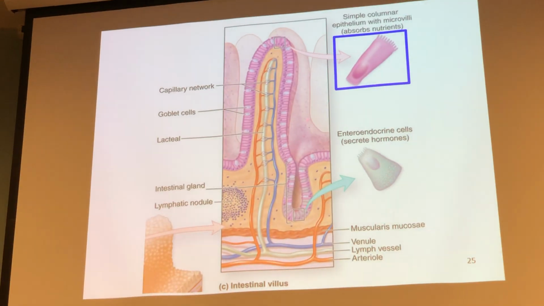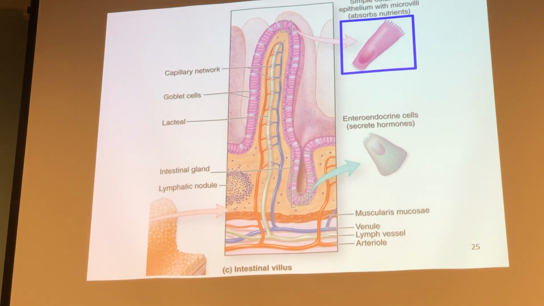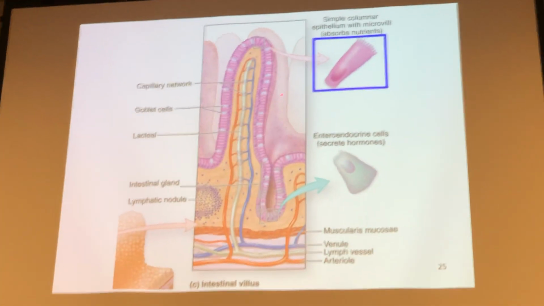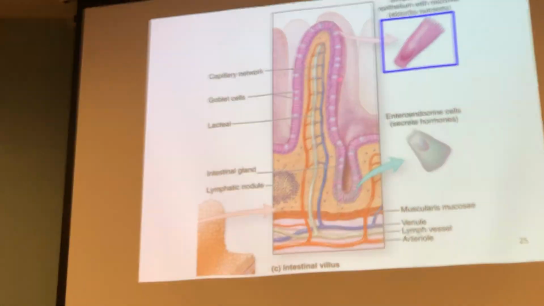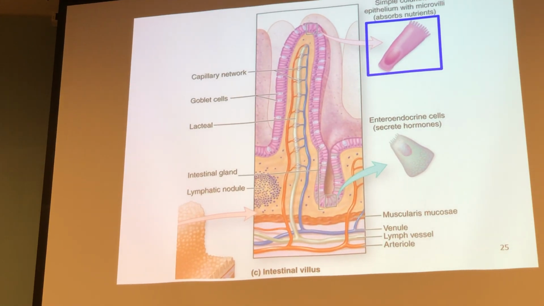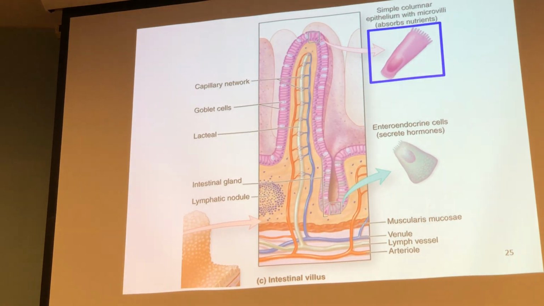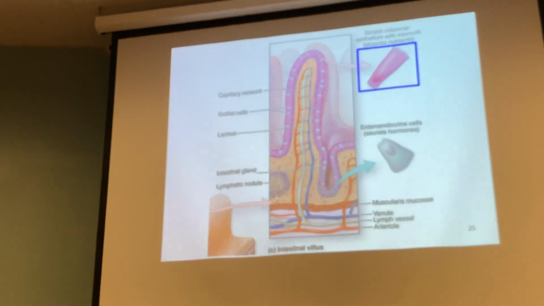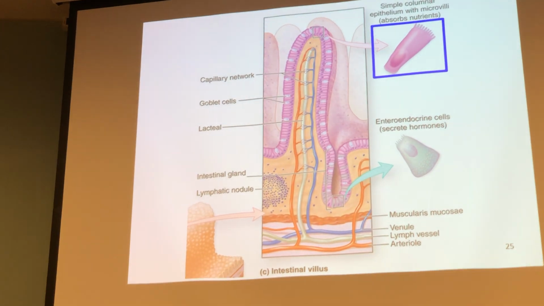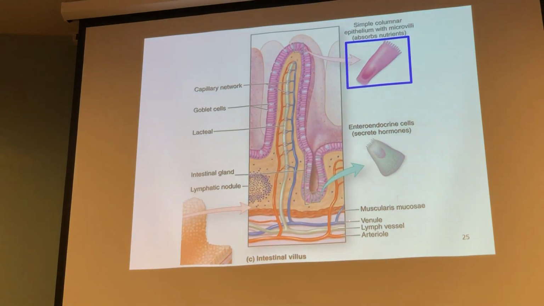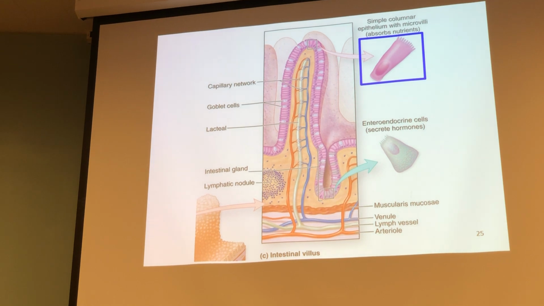For the most part, carbs, proteins, and really small lipids are going to be able to cross the cell membrane on the apical side, travel through the cell, and be absorbed through the basal side into our circulatory system, and will then drain out of the villus and head toward the hepatic portal system and go to my liver. Large lipids won't do that. They're going to go right into the lacteal because they're hydrophobic, and they're too big to fit through the pores of our capillaries.